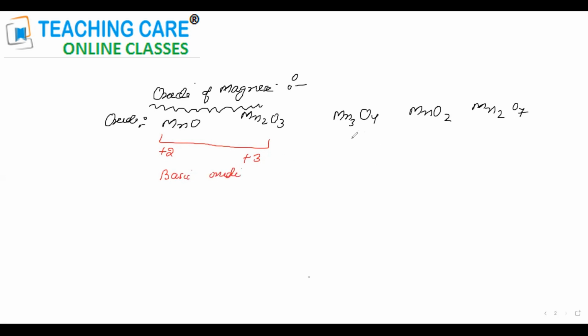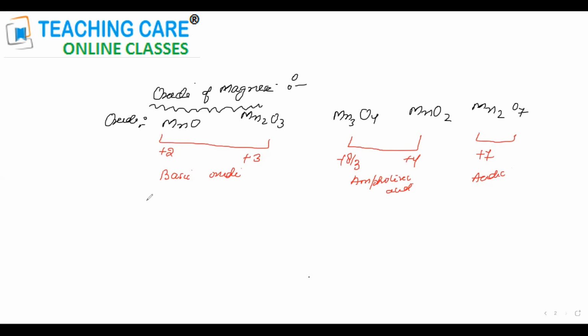Then Mn3O4 is +8/3 and MnO2 is +4; these are amphoteric oxides. And Mn2O7 is +7, so it's an acidic oxide.